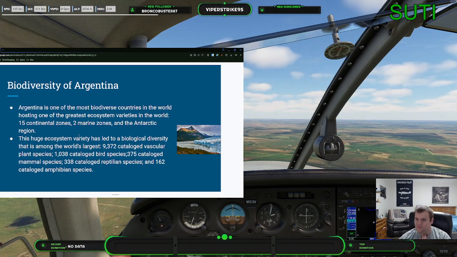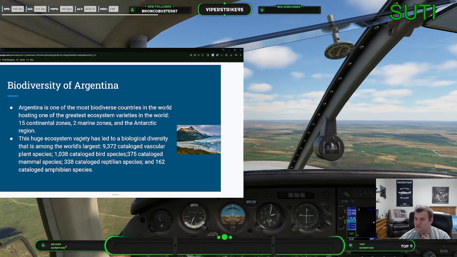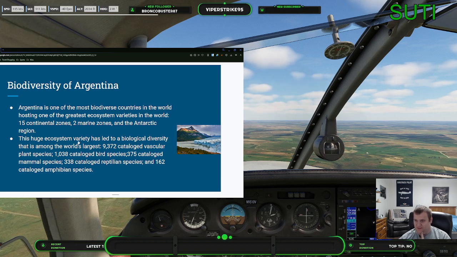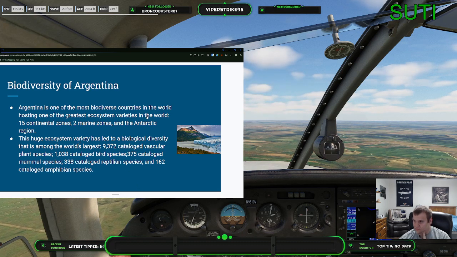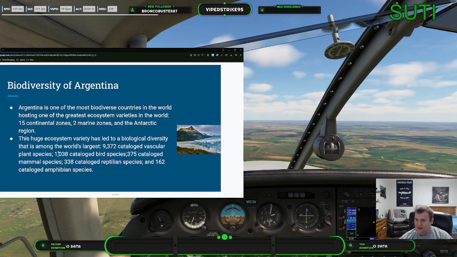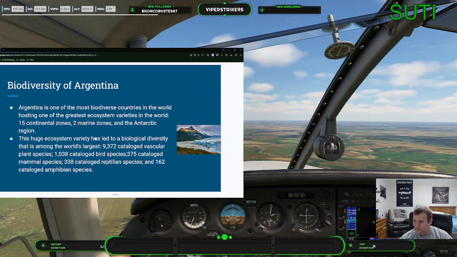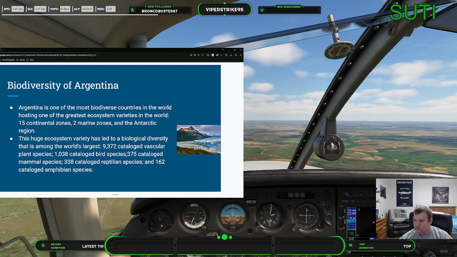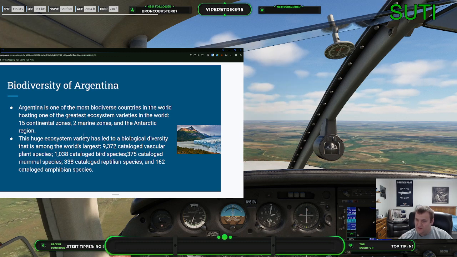There are lots of really important animal species in Argentina. In Patagonia, you could find lots of different tree species like spruce, cypress, and pine.